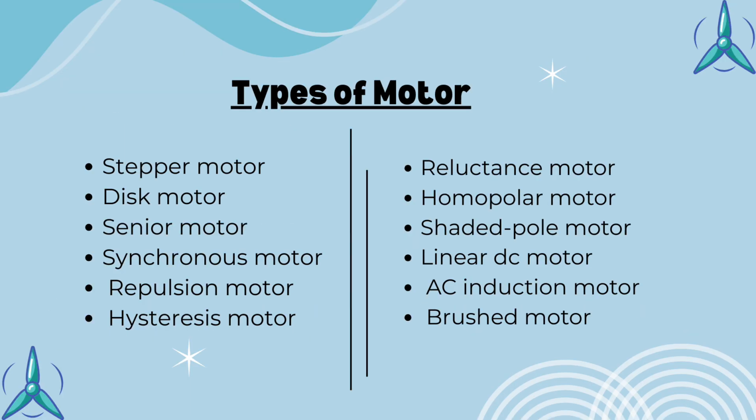And these are the types of motors. First is stepper motor, second is disc motor, linear motor, synchronous motor, repulsion motor, hysteresis motor, reluctance motor, homopolar motor, shaded pole motor, linear DC motor, AC induction motor, and last is brushed motor.